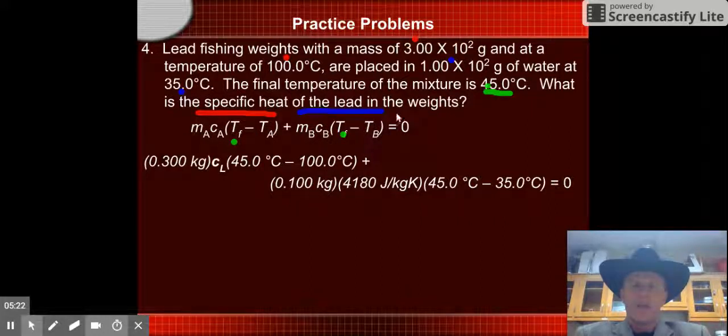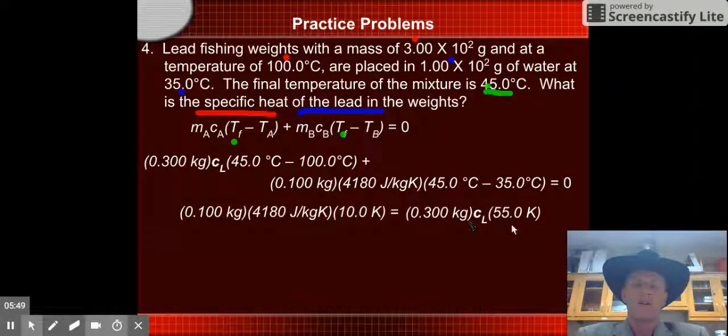And then for the water, we got 100, which is 0.1, times the specific heat, which is 4180, times the final, which is 45, minus the beginning temperature. And again, one of these two binomials is going to be negative. It's this one right here: 45 minus 100 is negative 55. So that negative would float out in front of the term. If we add it to both sides, it flops over to the right as positive.